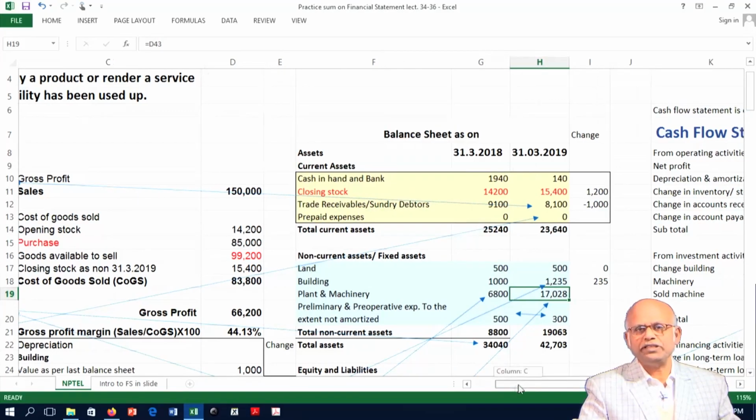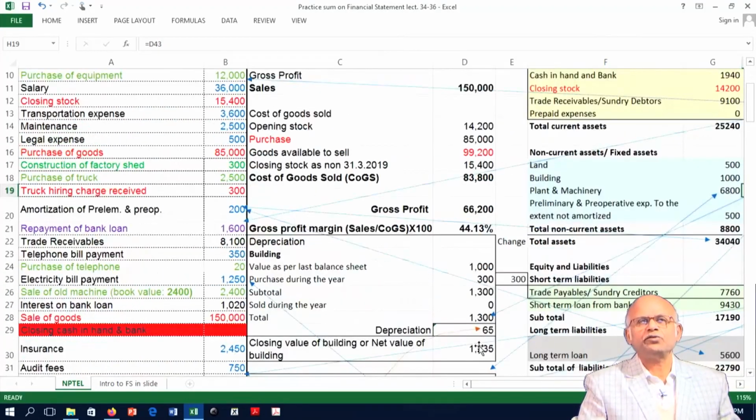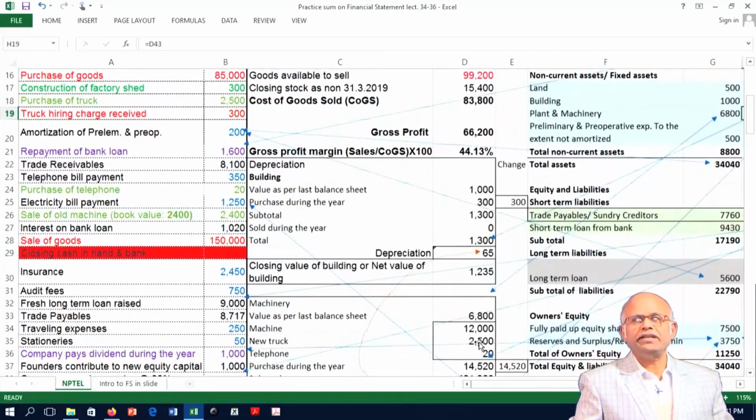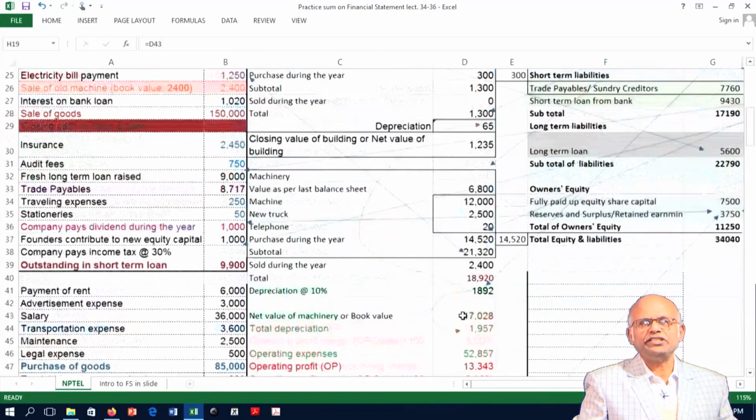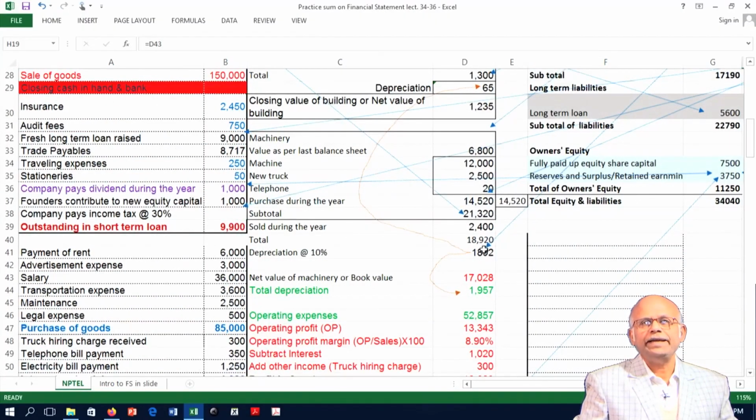So, we have to estimate the depreciation and deduct that from the total value, so that we keep the data ready as to what value of the plant and machinery will go to the balance sheet, that is the net value of the machine, and that becomes the book value. So, depreciation is 1892.